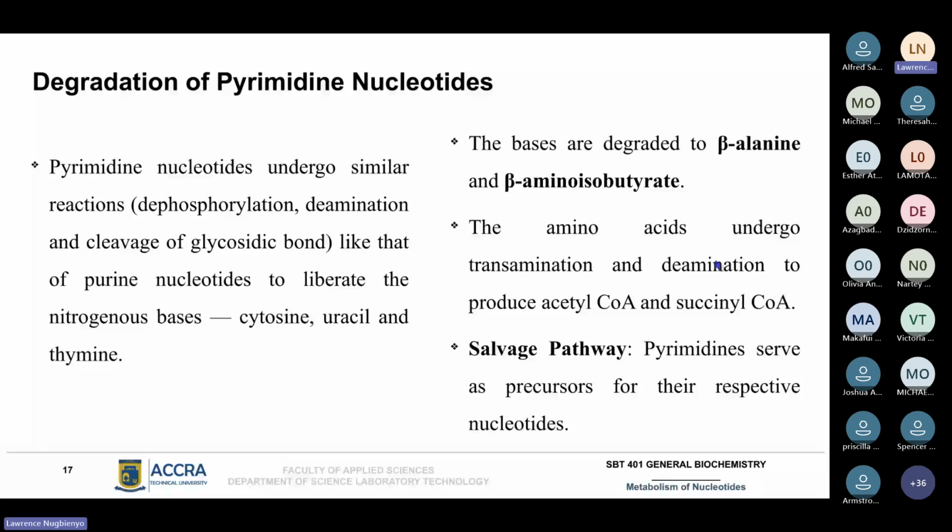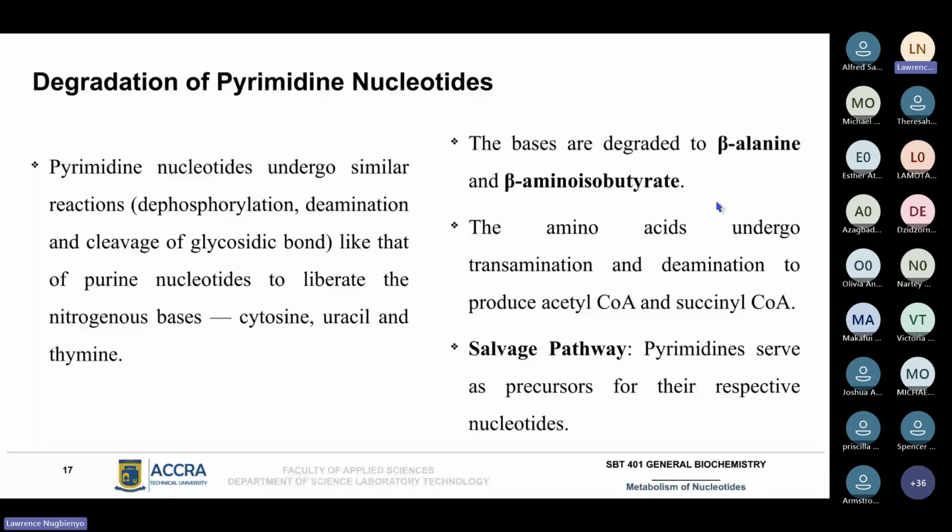Then you can have further the bases. After the bases have been separated from the phosphate sugar, these bases can get degraded further to amino acids, beta alanine and beta amino isobutyrate.